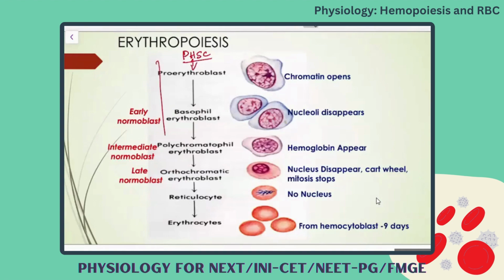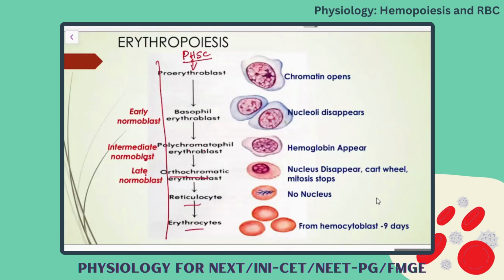First you remember these things: proerythroblast, basophil erythroblast, also called early normoblast, intermediate normoblast, also called polychromatophil erythroblast. I will explain why these different names. And then late normoblast called orthochromic erythroblast, reticulocyte, erythrocyte.